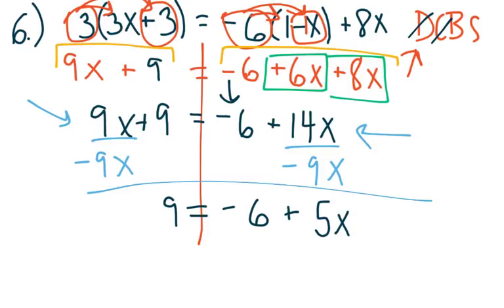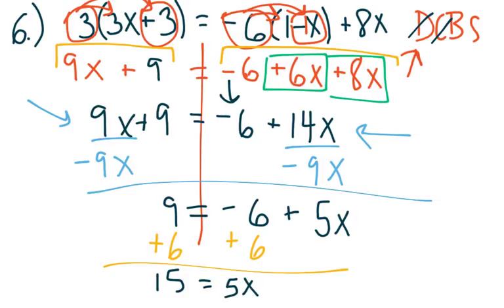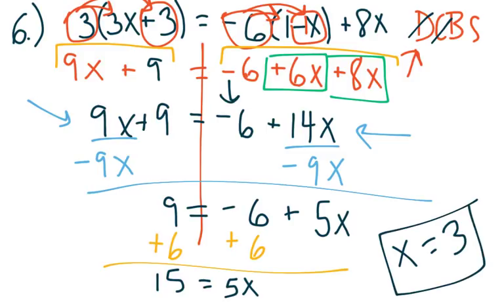Next, we're going to do plus 6 on both sides. So we have 15 equals 5x. Divide both sides by 5, and we're left with x equals 3. Always remember to take that final answer, plug it into the original equation, make sure it works.